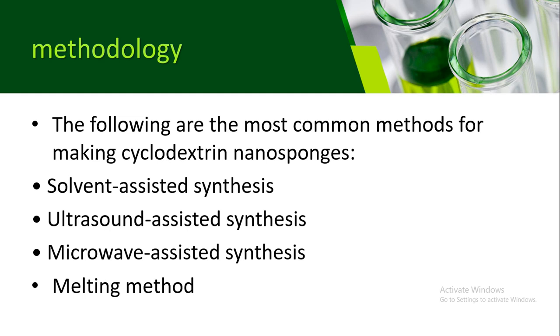The methods are solvent-assisted synthesis, ultrasound-assisted synthesis, microwave-assisted synthesis, and the melting method. These are the four common methods, but I will talk about two of them: the solvent-assisted method and the melting method.